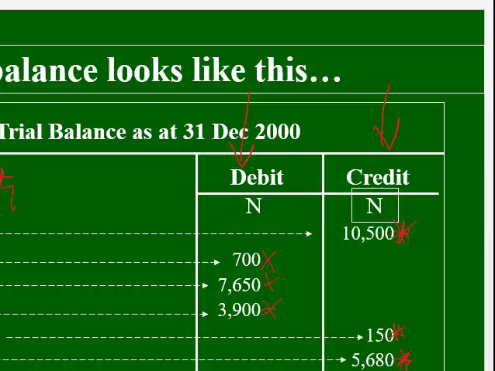Now, if it's not balanced, it's either the debit side is higher than the credit side, or vice versa. So if this happens, there's need for us to investigate what could have been responsible. It might be we left some item in a ledger we didn't pick, or we picked a wrong item from a ledger, or we posted a wrong figure. We shall discuss all this as we move ahead into this presentation.